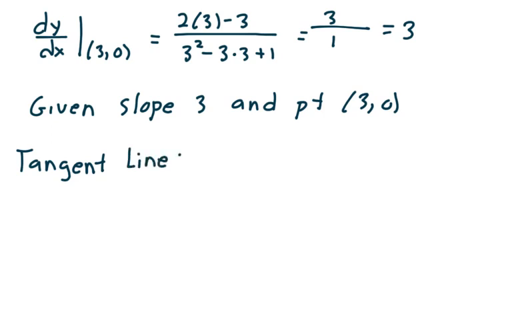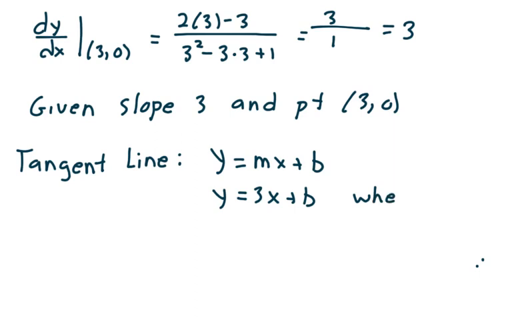And to get the tangent line, we do the following. Remember that y equals mx plus b, but the slope is 3. So y equals 3x plus b. When x is 3, y is 0, and so 0 equals 3 times 3 plus b.